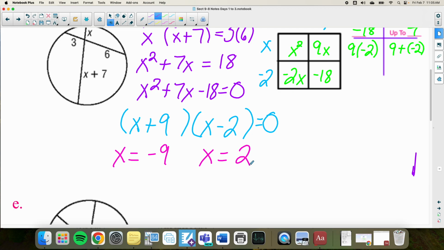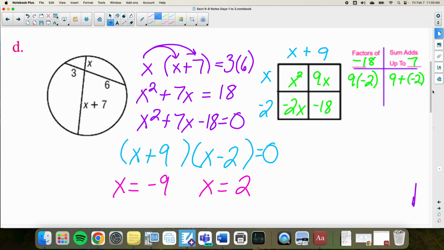Now when we did this earlier, both of our answers counted whether they were positive or negative, because we were just dealing with numbers. But for this, we're dealing with segment lengths. Could you have a length that's negative? No. So what that means is this one does not work, and that is our answer.